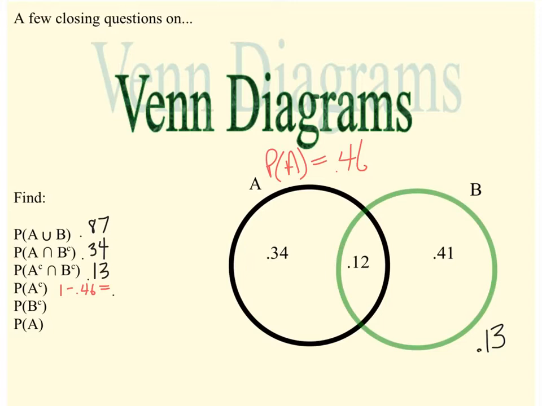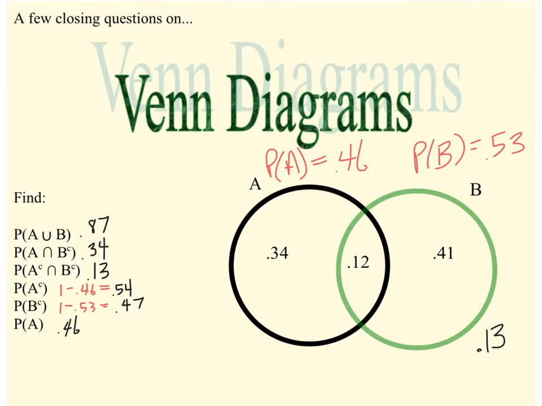It is 0.54. Okay? And the probability of B by itself is 0.53. So the probability of not B is going to be 0.47. And the probability of A, of course, is 0.46.